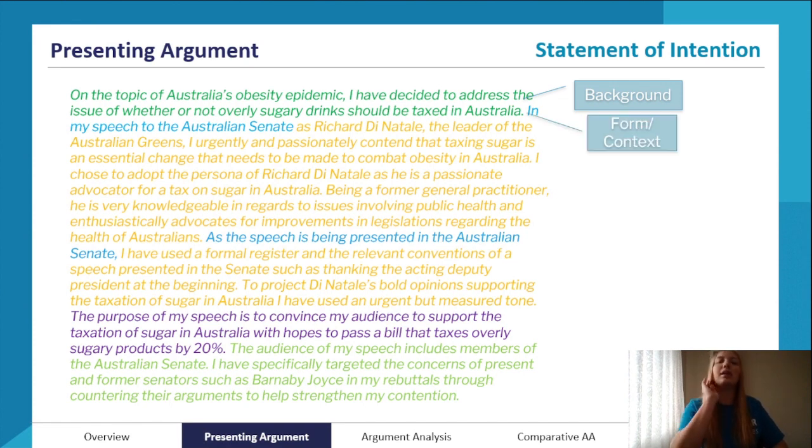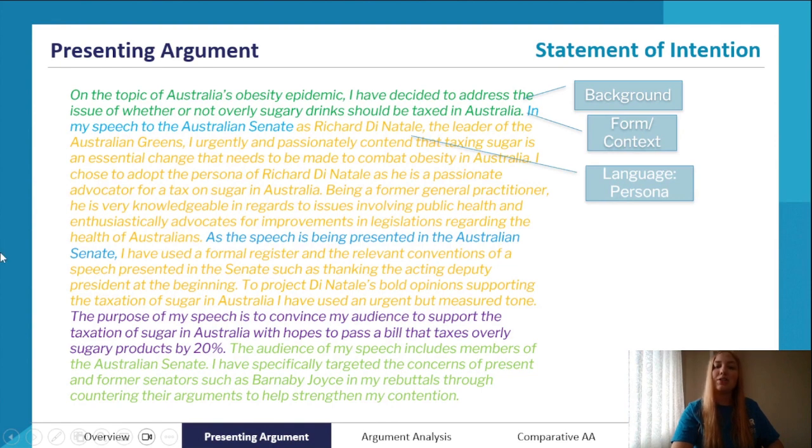Next, we introduce the form or the context. So clearly stating that it's a speech in terms of the text type and is being delivered to the Australian Senate. Now, in this yellow, there are some language choices being explained as well as the persona that we have chosen to adopt. So, we've chosen to take on the persona of Richard Di Natale, the leader of the Australian Greens.